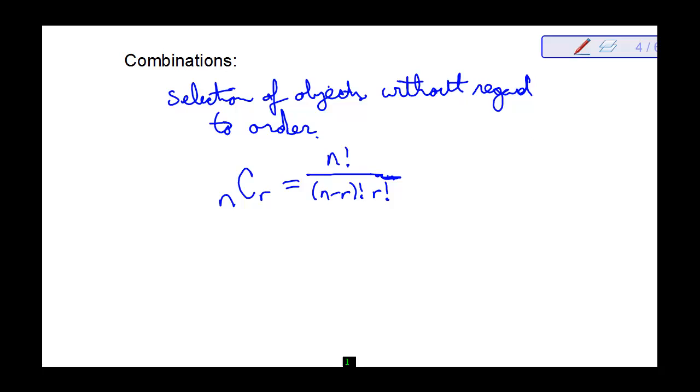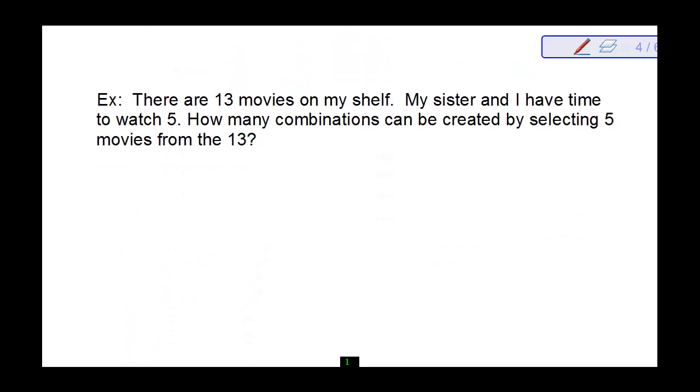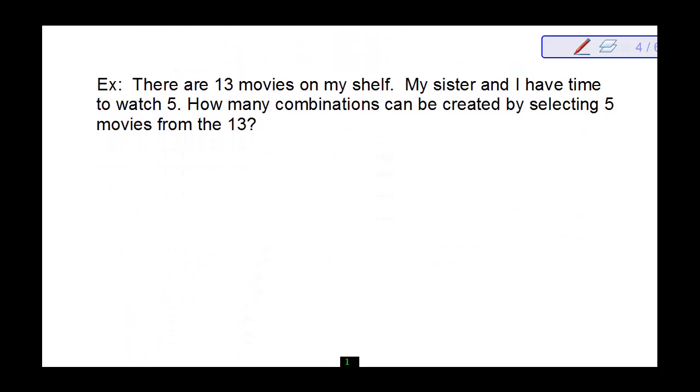Let's see how this is going to work. So there are 13 movies on my shelf. My sister and I have time to watch 5 of them. How many combinations can be created by selecting 5 movies from the 13? Now, does it matter what order we watch the movies in? No, because we're just going to watch these movies. So order does not matter.